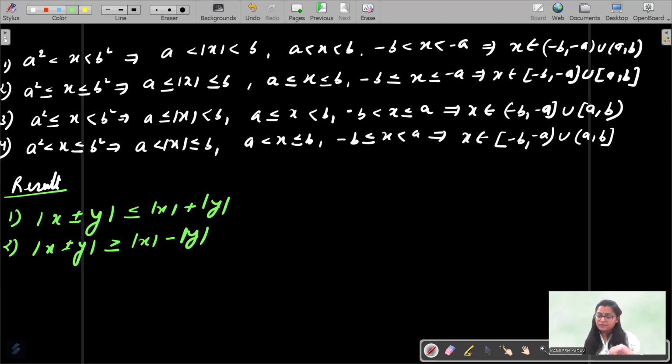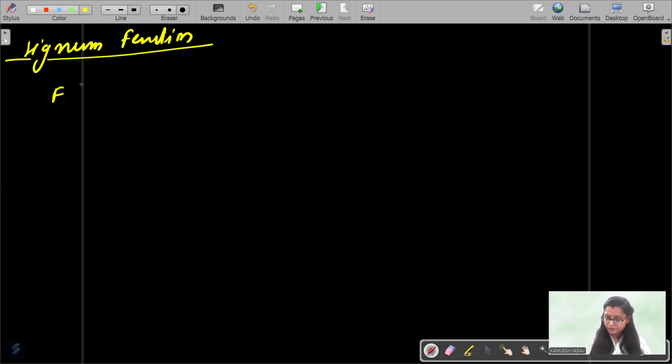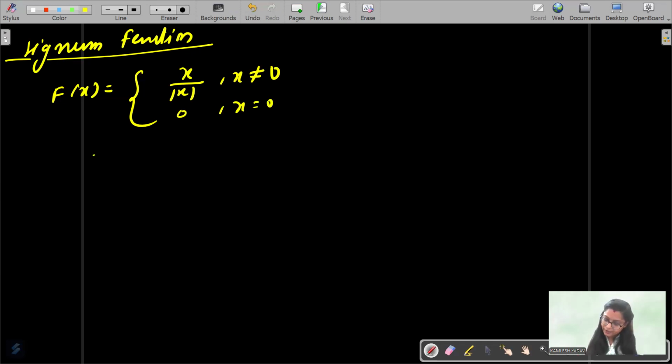Then we go for the signum function. The signum function is defined as f(x) = x/|x| when x is not equal to 0, and 0 when x equals 0. See here, it is a piecewise function.